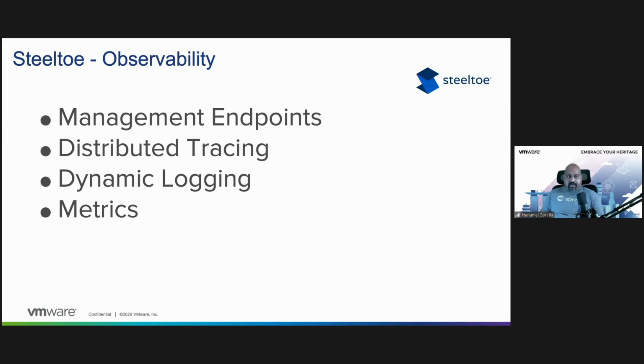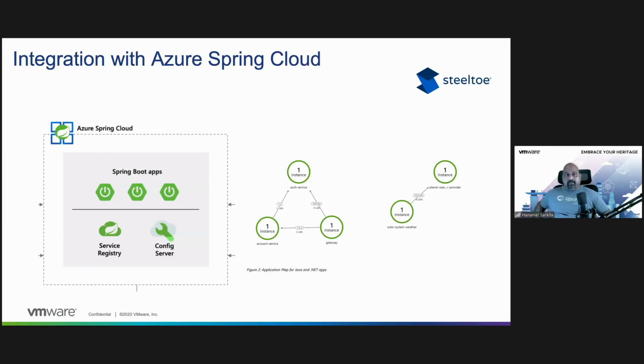And of course, we have metrics integration with things like Wavefront from VMware, or any metrics solution that you can think of, presumably, because most of them implement Prometheus, and we have the ability to export metrics, whether it's CLR level metrics or others, via these endpoints. So it gives you a great deal of control over your applications running in the cloud.